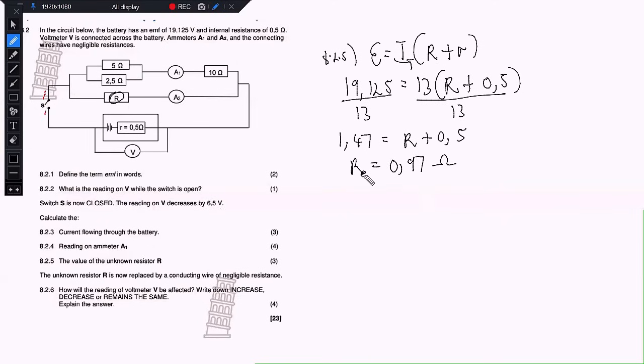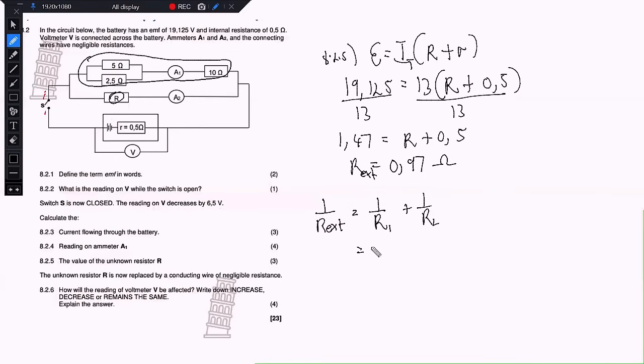R external. So to then calculate here, we can say 1 over R external, because we said all the resistors here are actually in parallel. This is 1 over R1 plus 1 over R2. Now the R1, we're going to take it as this whole branch here.